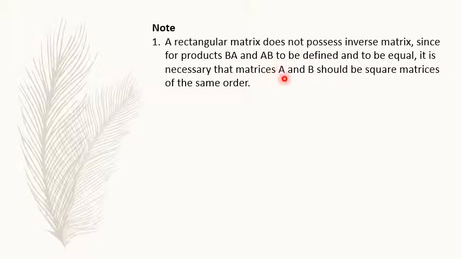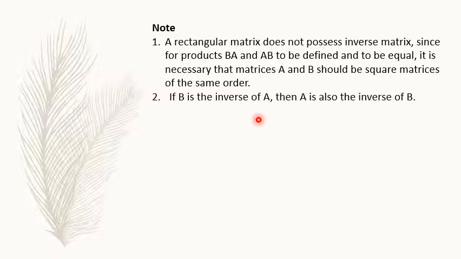For that, both matrices A and B should be square matrices. If B is the inverse of A, then A is also the inverse of B. We saw that in the previous example.